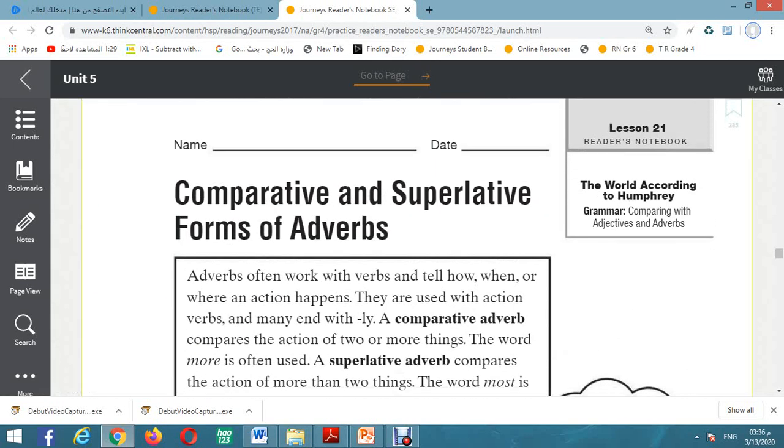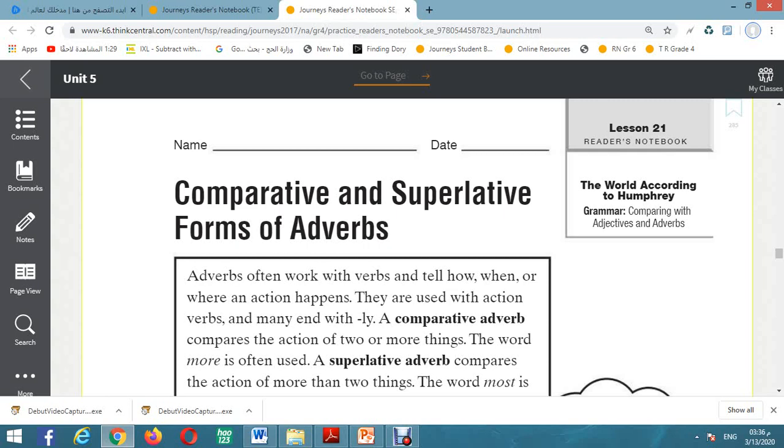Here, comparative and superlative forms of adverbs. No problem, there's no difference between comparative and superlative of adjectives and adverbs. What you did with adjectives, you are going to do with adverbs. If it's a short adverb in the comparative, add er than.